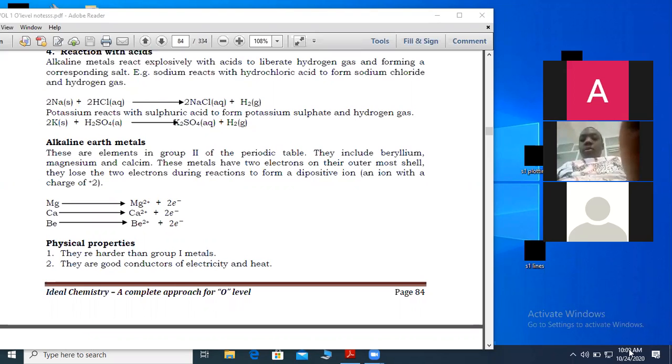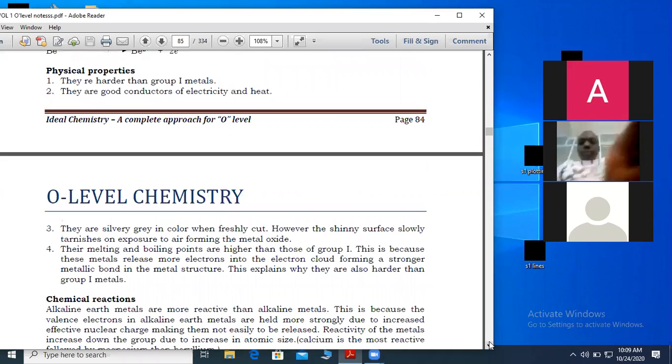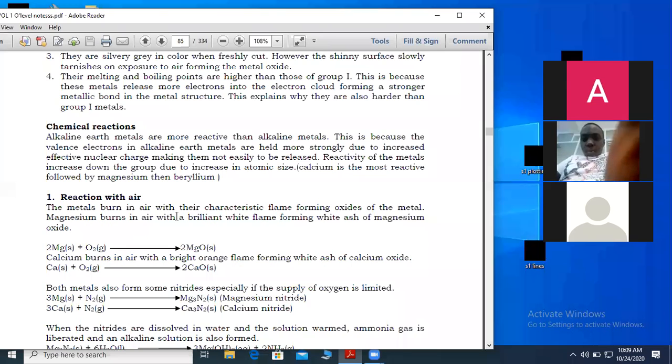When magnesium burns in oxygen, it burns with a brilliant white flame, forming a white solid, white ash. Come on, how many times are you going to fail that question?